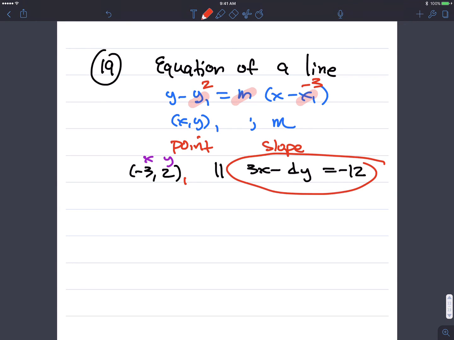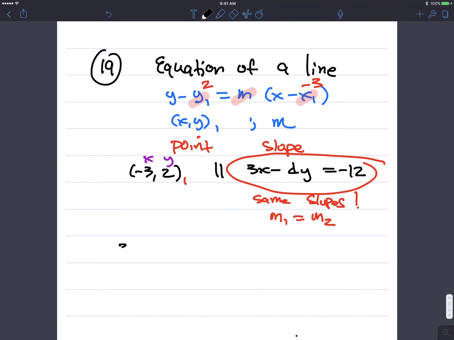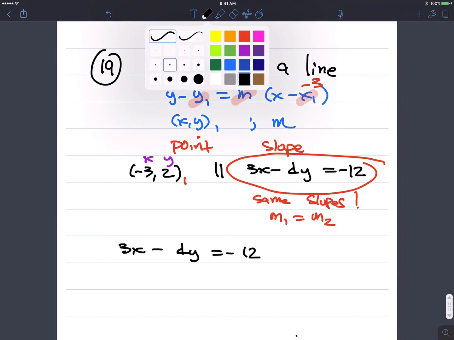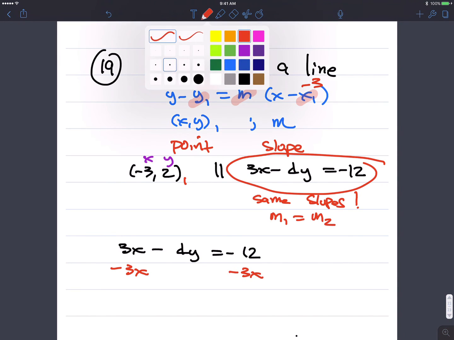And remember, parallel lines have the same slopes. In other words, M1 equals M2. All I have to do now is actually determine the slope of this line, and I'm going to do that by solving for y and placing this in slope-intercept form. And that's how we do it.